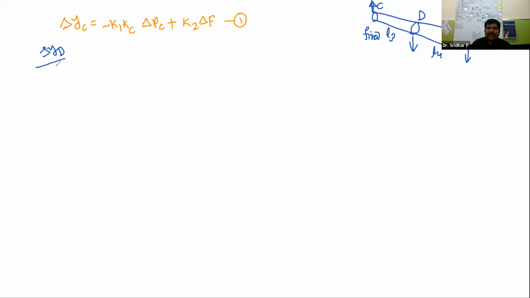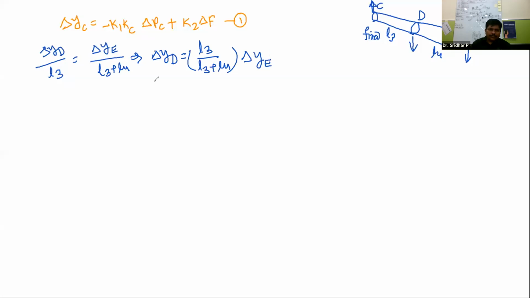Now delta YD by L3 equals delta YE by L3 plus L4. From this equation, delta YD equals L3 by L3 plus L4 into delta YE.